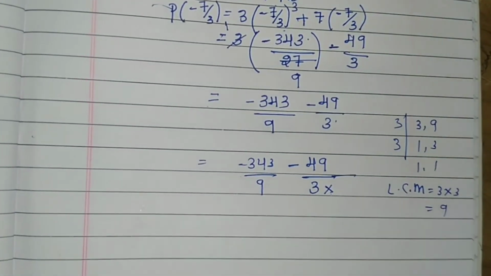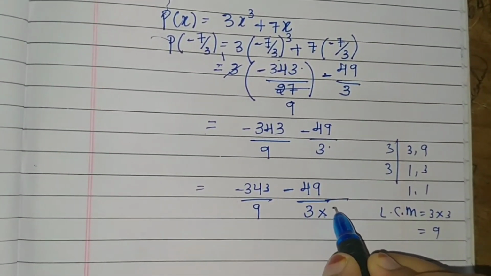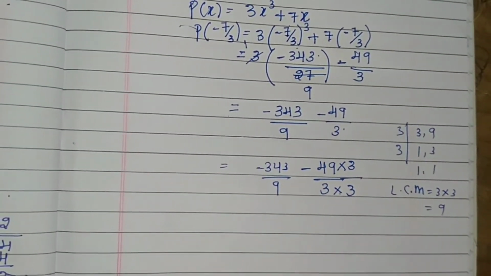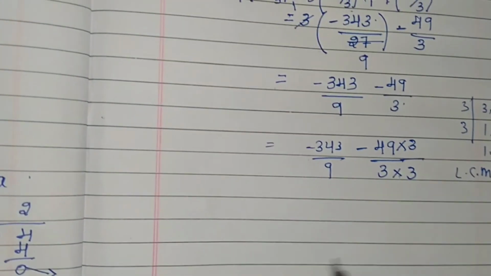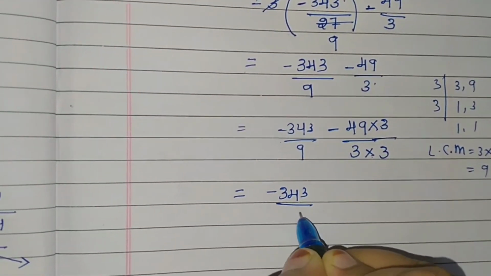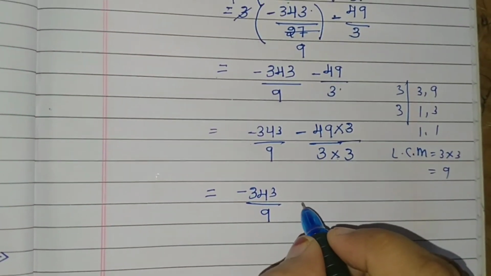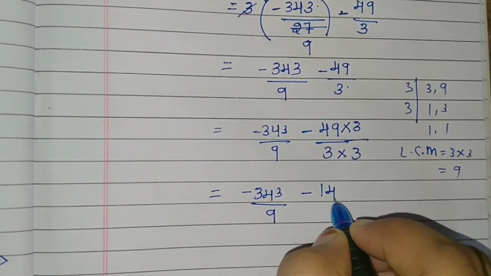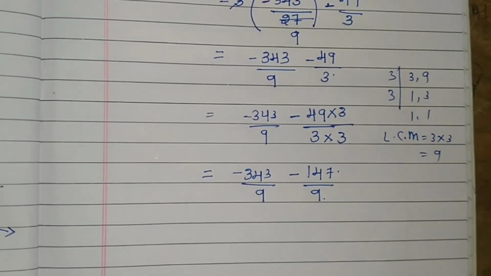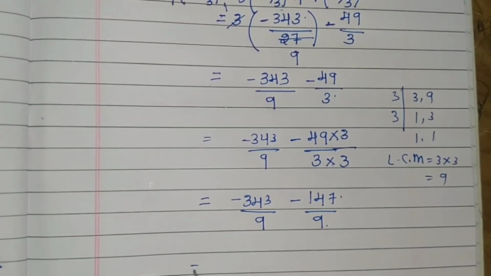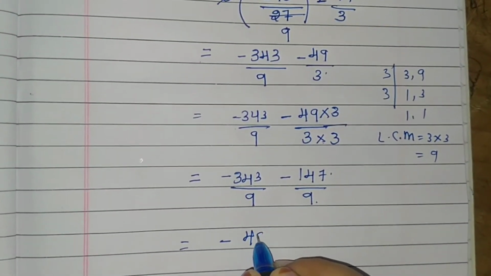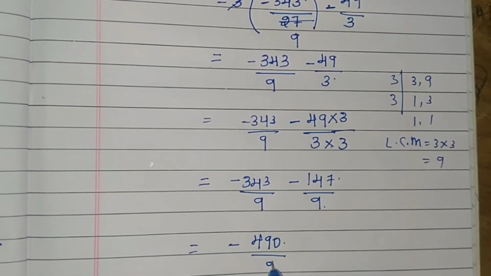In order to make the denominator 9, which number do you have to multiply? 3 3s are 9. The same number you have to multiply to the numerator. So this will be equal to minus 343 divided by 9 minus 147 divided by 9. Okay. So when you add this, minus and minus, you are going to get minus 490 divided by 9.